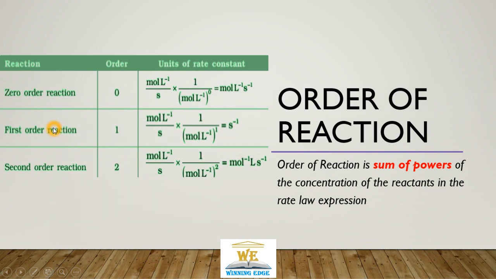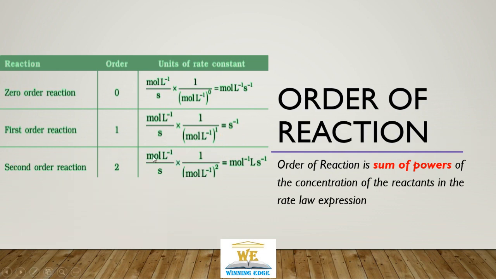A first order reaction is where the reaction rate is divided by the total concentration of reactants. That is a first order reaction, the power will be 1, so the concentration units cancel out, and we get per second. So the reaction rate constant for a first order reaction will be per second.